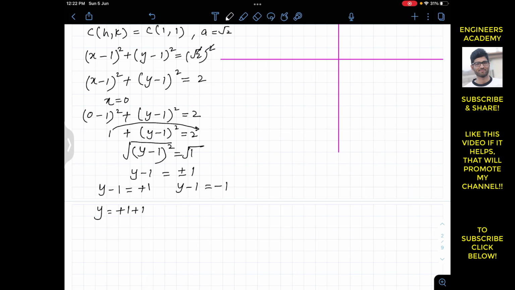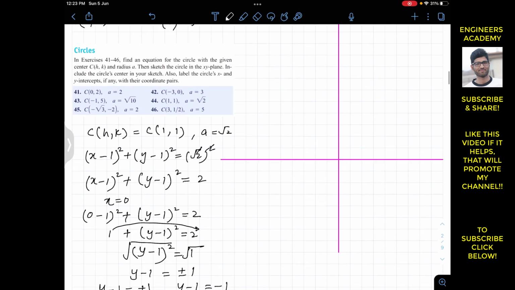So 1 plus 1, and minus 1 plus 1. So this is plus 2, and this is 0. So now the y-intercepts are at (0, 2) and at (0, 0). This means that the circle is passing through the origin, and it is intersecting with the y-axis at (0, 2). So (0, 2).